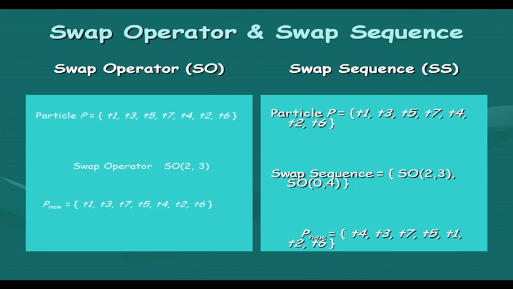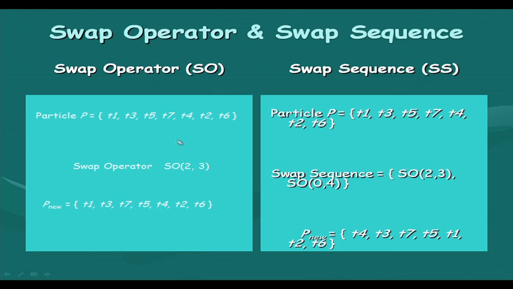Next is how one particle can get modified. For that purpose, a swap operator is used. Say particle P1 is T1, T3, T5, T7, T4, T2, T6. So I have test patterns T1 to T7. In this example pattern 0 has been excluded, and it is taken from 1 to 7, but whatever.